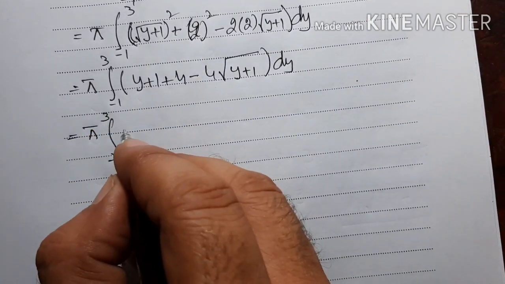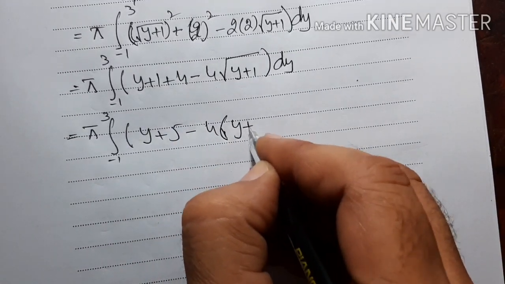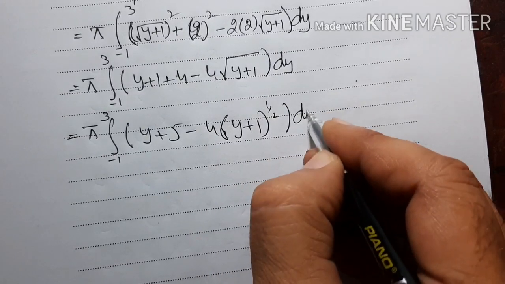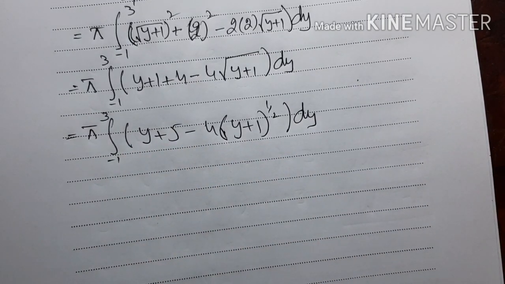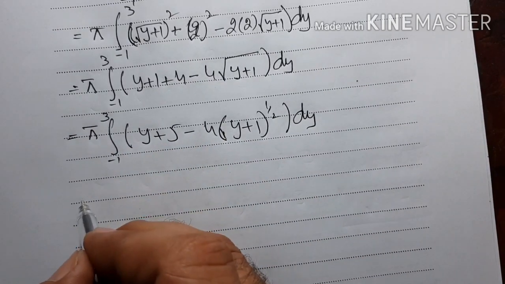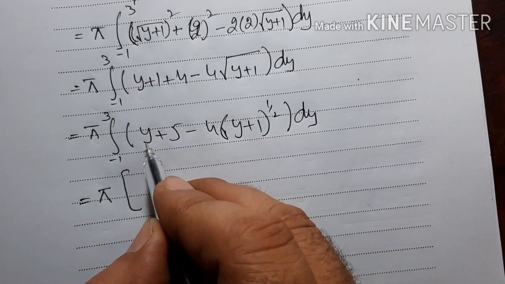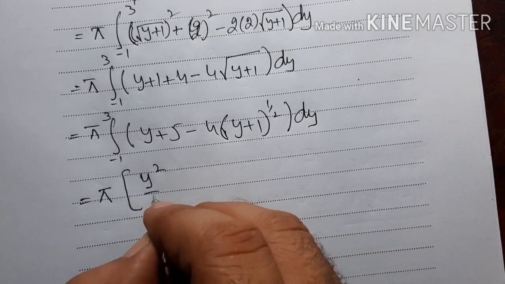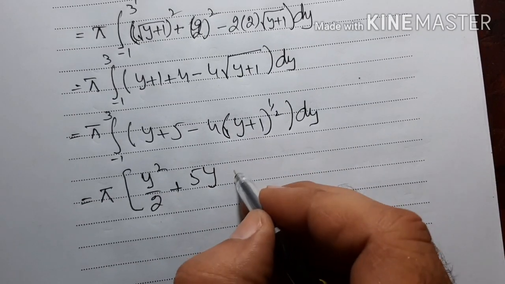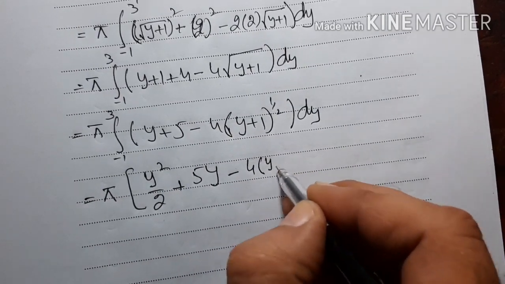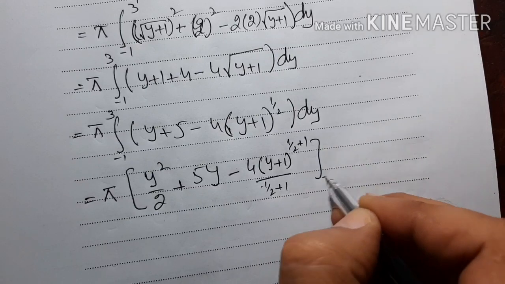I'll split up the whole into small parts, or I can go directly. y's integration is y²/2, 5's integration is 5y, and minus 4 times (y + 1)^(1/2 + 1) over (1/2 + 1), from -1 to 3.